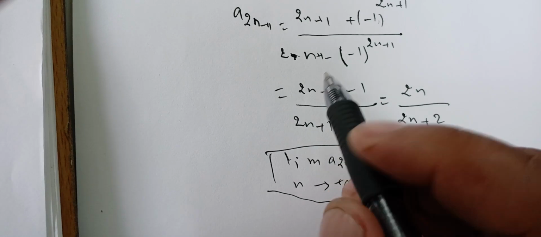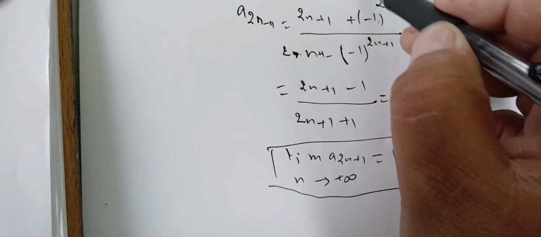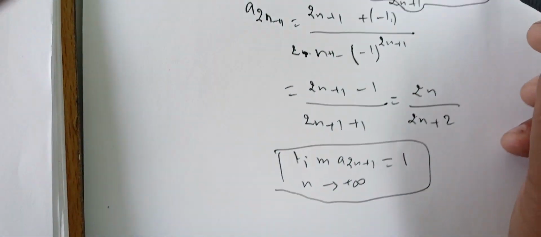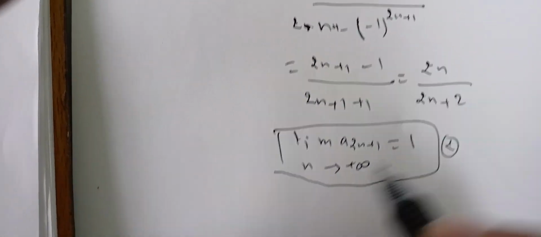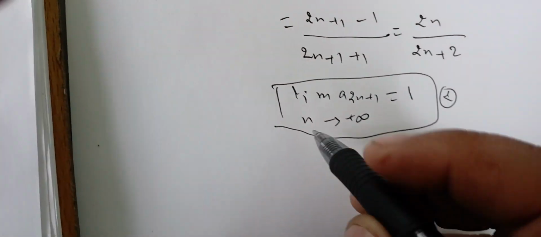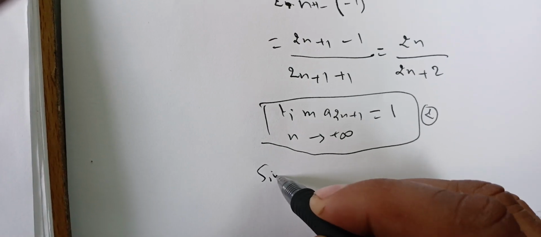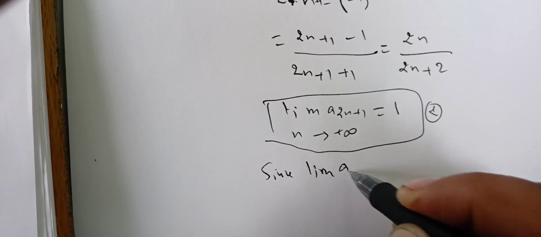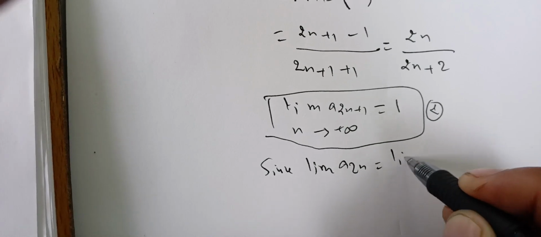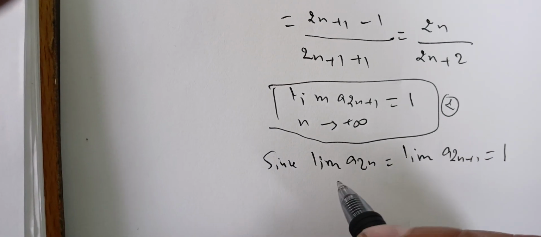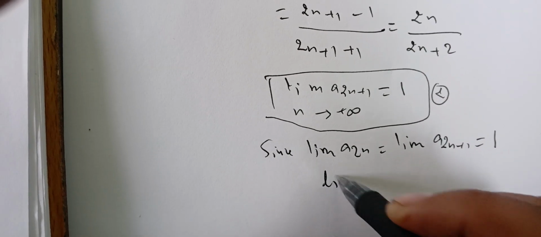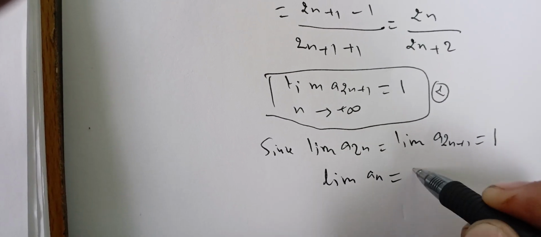So we have these two results. Since the limit of a_{2n} and the limit of a_{2n+1} are both 1, the limit of our sequence is 1.